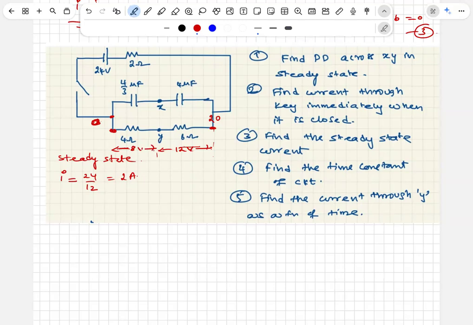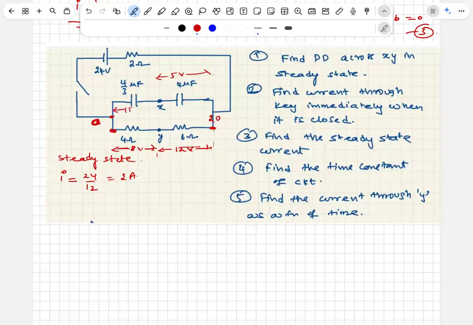But what about the capacitors? Capacitors are in the ratio 1:1/3, or 1:3. Potential drop is 3:1, so 1/4 times of 20 is 5. Across this, the drop is 5 volt.